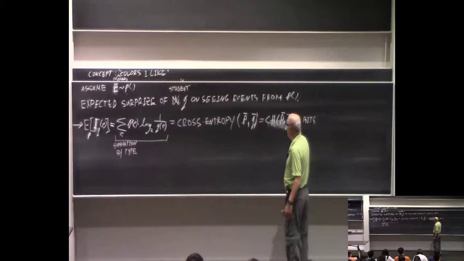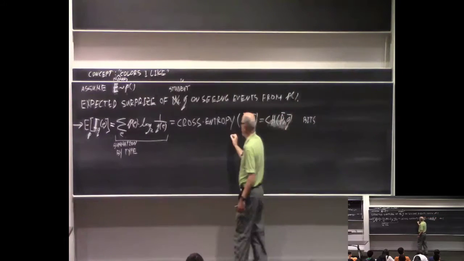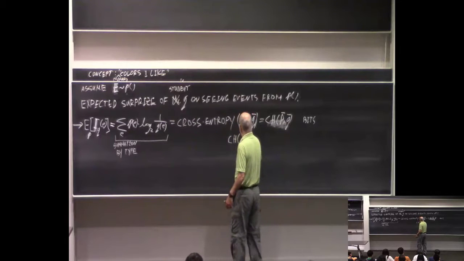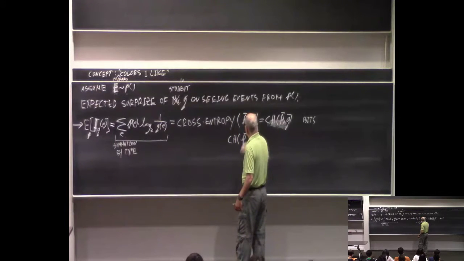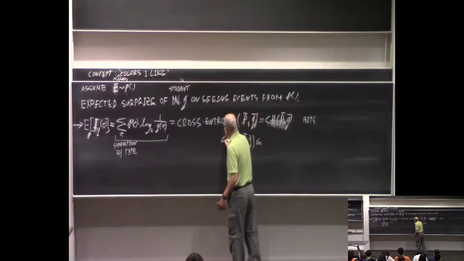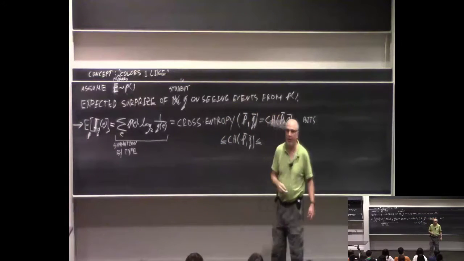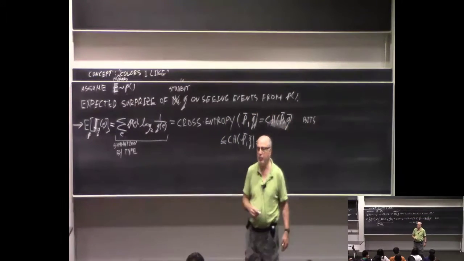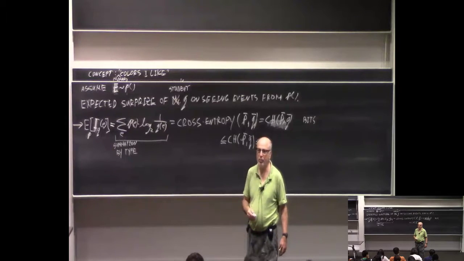What can I say about the range of values that cross-entropy can take? Can cross-entropy be negative? No, why not? What can you say about the relationship between the value of an expectation of something and the value of that something?